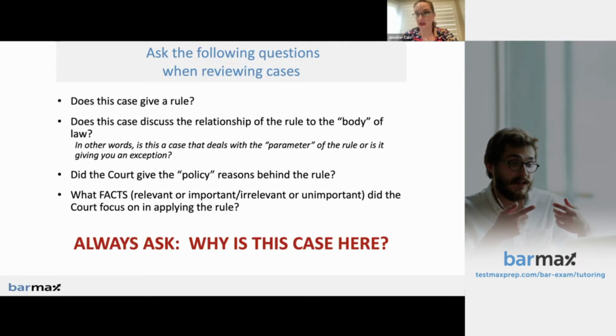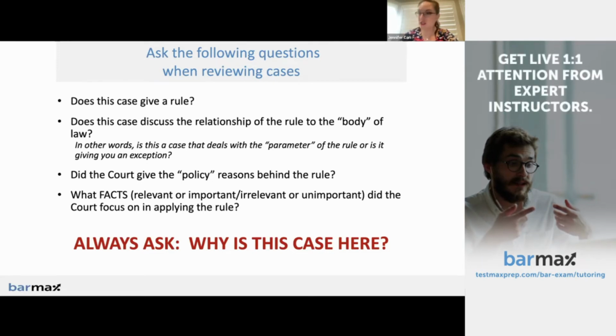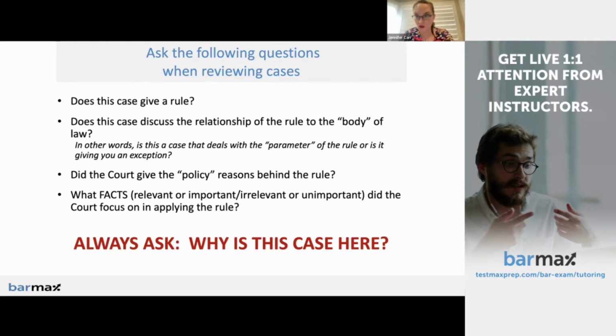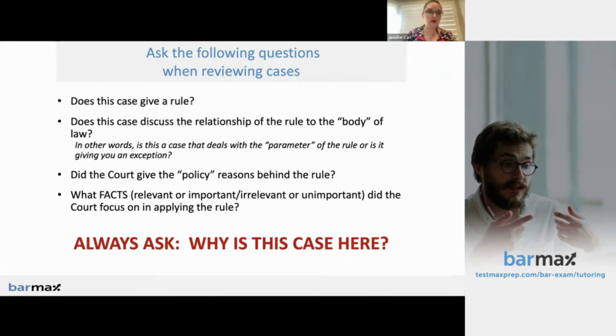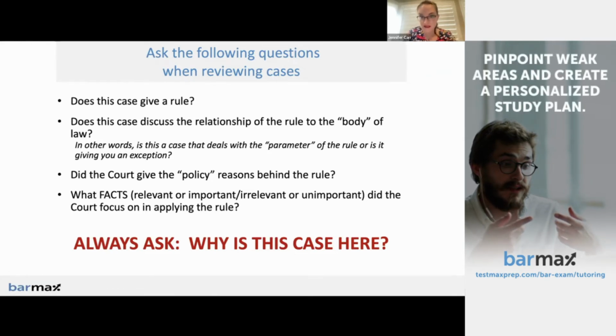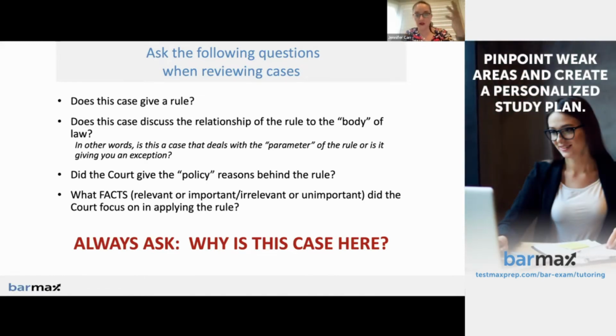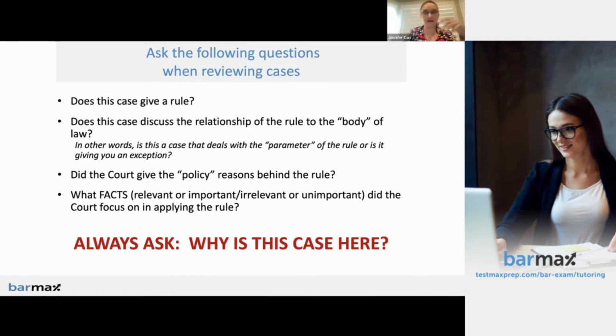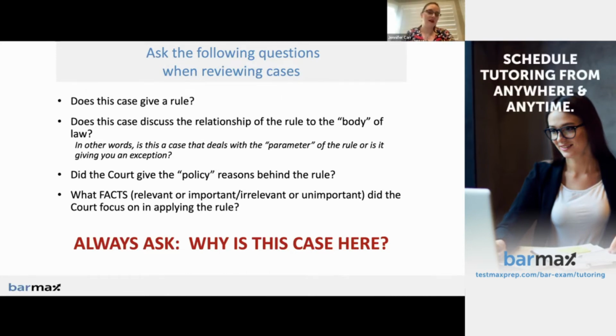Sometimes there will be a case in there that's really just there so that you can hear the court's reason for having the rule. So for those of you who are in crim and you read Dudley versus Stephens, it's all about why they have to punish the men who were starving and had to kill their shipmate and commit an act of cannibalism.